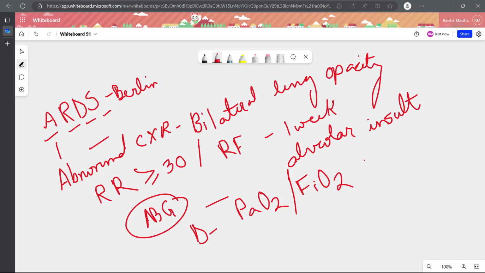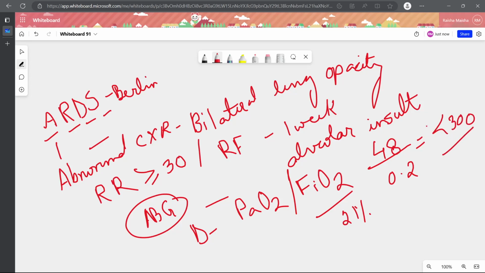After doing ABG, suppose the patient's PaO2 is near about 48, and his FiO2, if he is not having any oxygen, is 21%, that means 0.21. So it is approximately below 300. So the PaO2/FiO2 ratio is below 300.